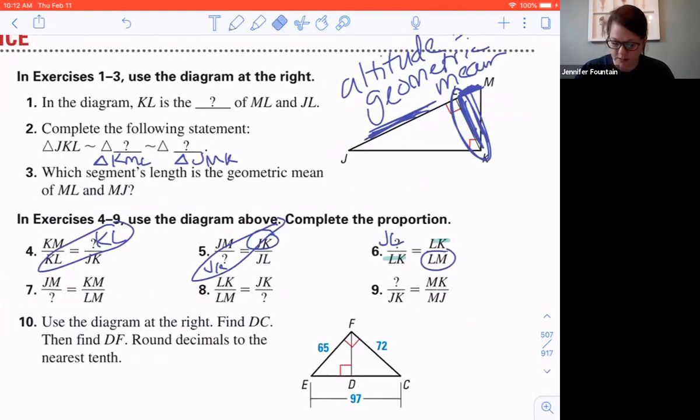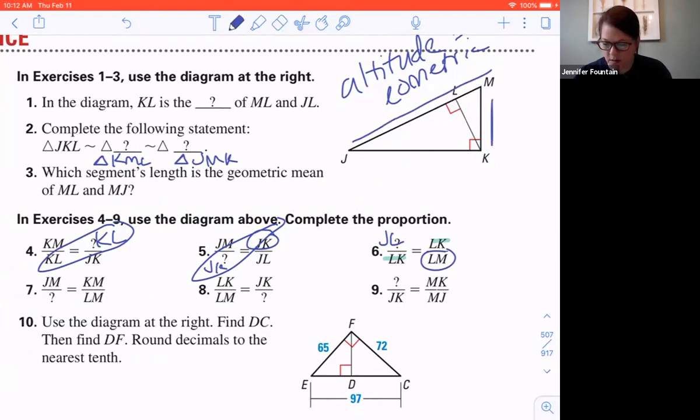Let's look at the next one. Let's look and see what they're comparing. They said that they want us to look at JM. So that's my total side over something is equal to KM over LM. Okay, so remember what theorem 9.3 said.